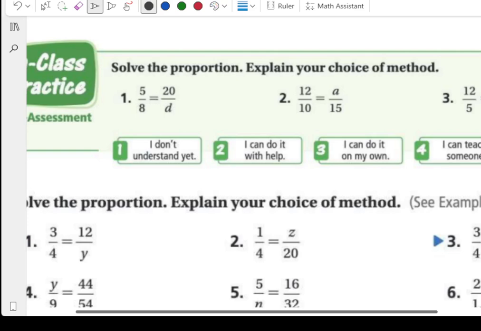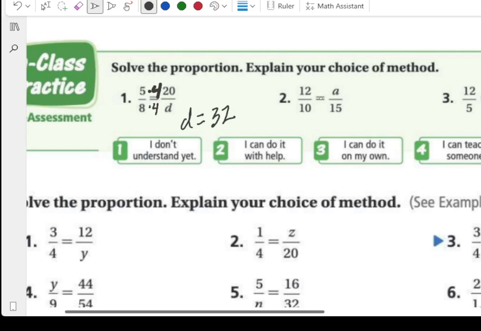What would we multiply by? 4. So we could easily multiply by 4 right there. 5 times 4 is 20. So if we multiply by 4 on the top, what do we do on the bottom? We'll multiply by 4 down here. So that's 8 times 4. So D would equal, what is 8 times 4? 32. 32 is correct.